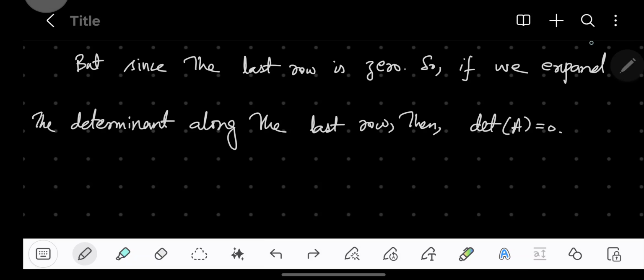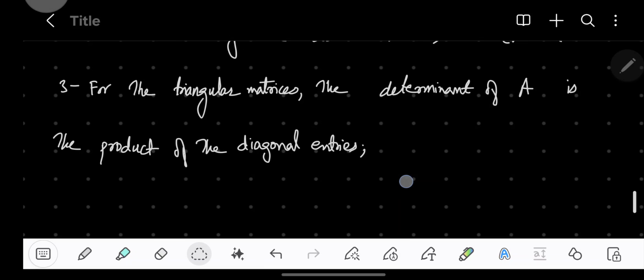Look at the last consequence, which is for the triangular matrix. A triangular matrix means there is something on the main diagonal, and either above the main diagonal or below it, everything is 0.